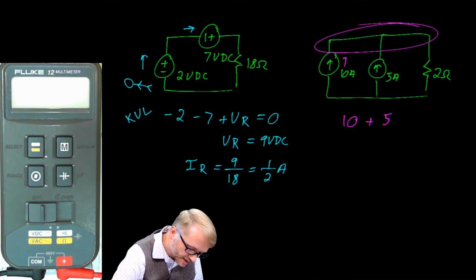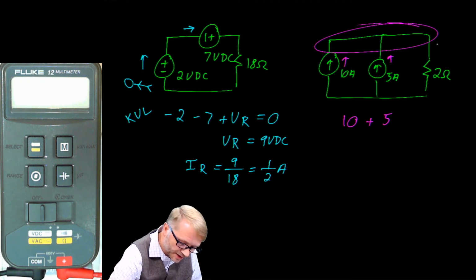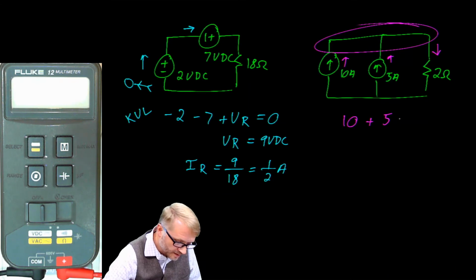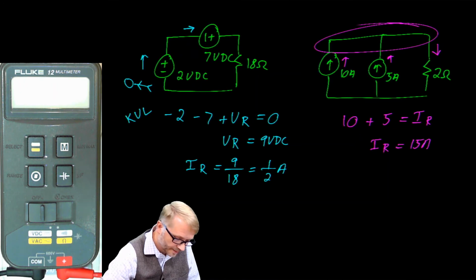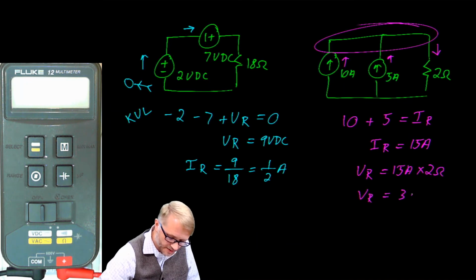Those currents are going into this node, and then there's one current leaving that node. We'll call that IR. So the current on the resistor is 15 amps. The voltage on the resistor is 15 amps times 2 ohms, so the voltage on that resistor is 30 volts.